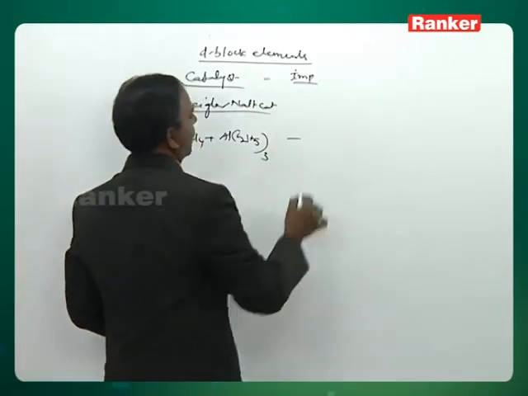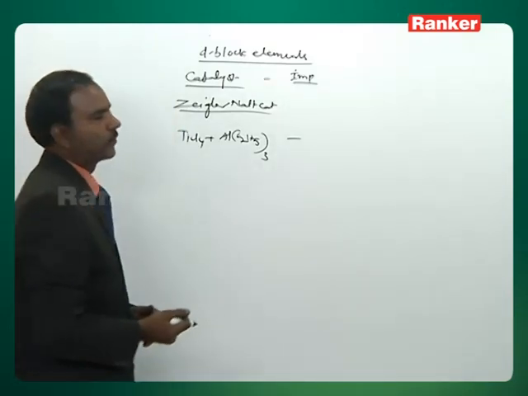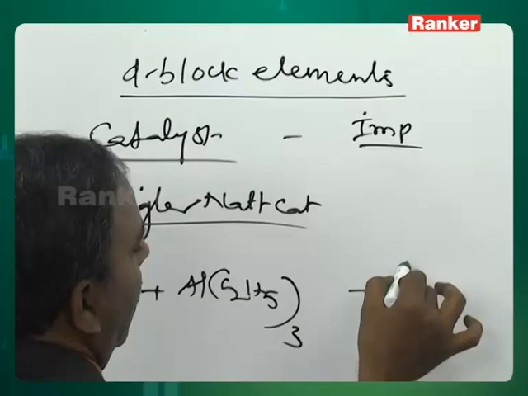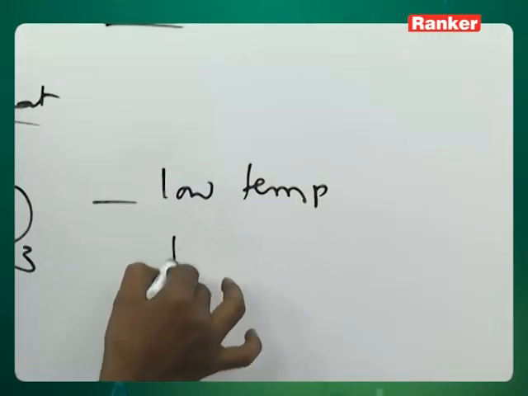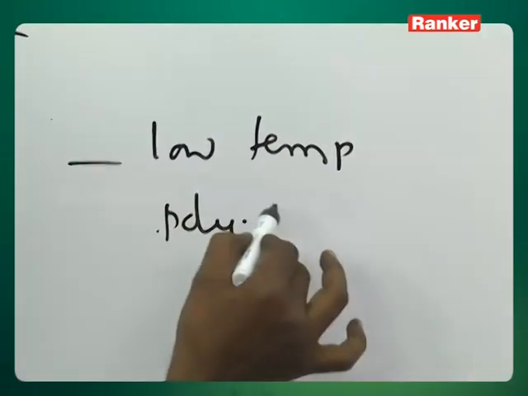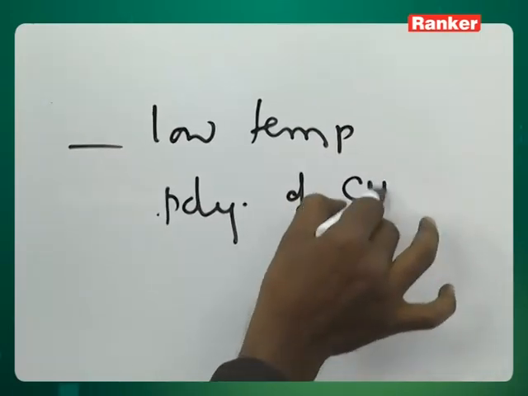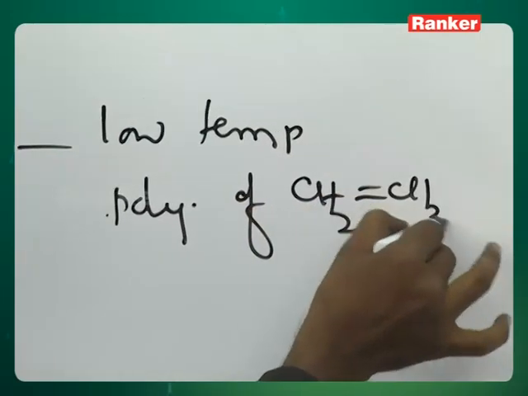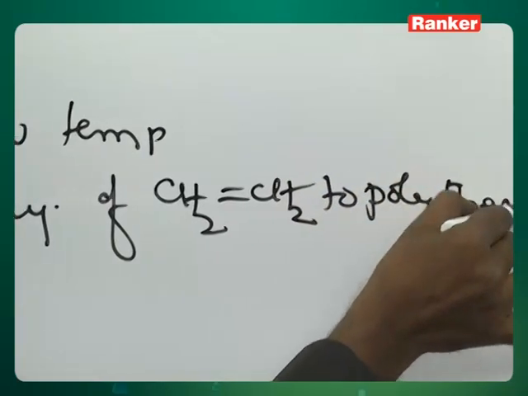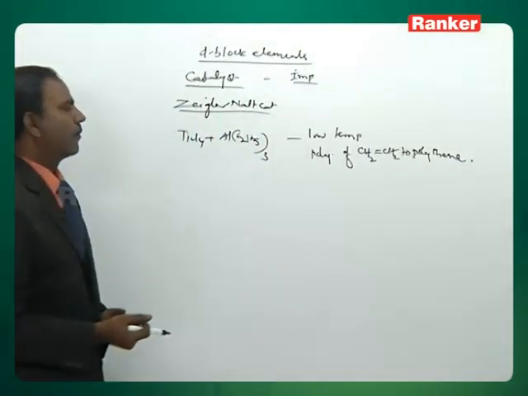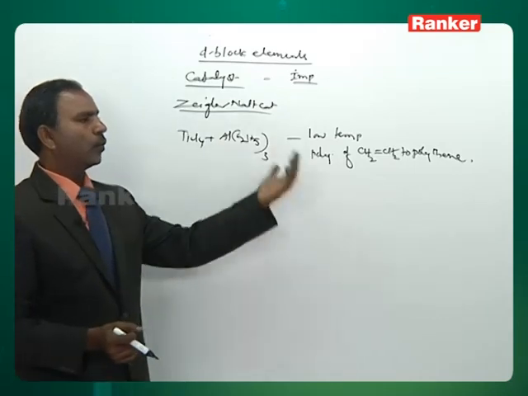What is the importance of this particular catalyst? It is used for low temperature polymerization of ethylene to polythene.